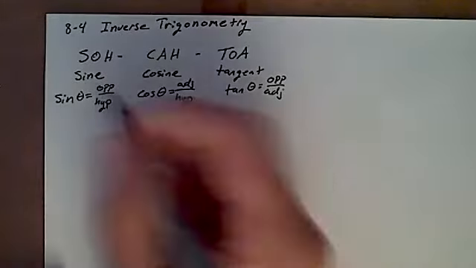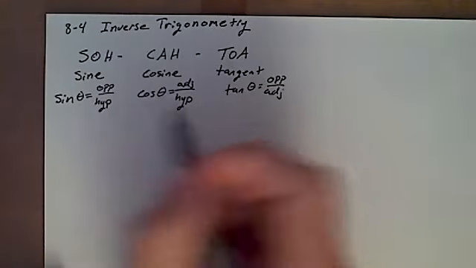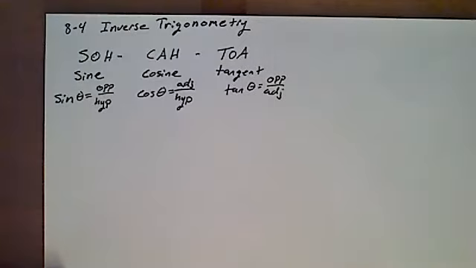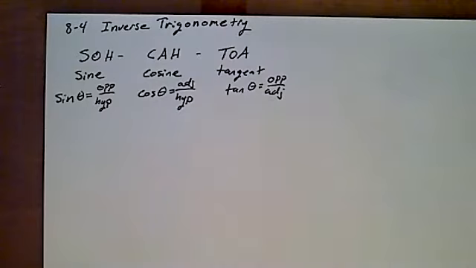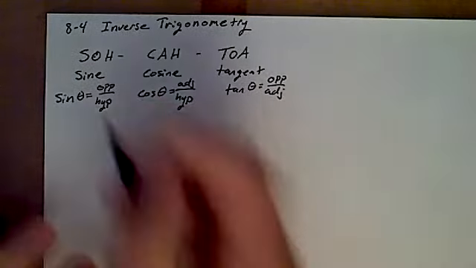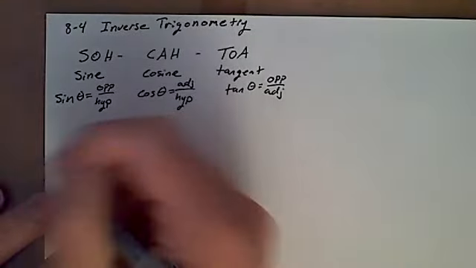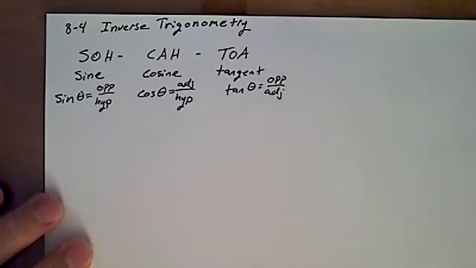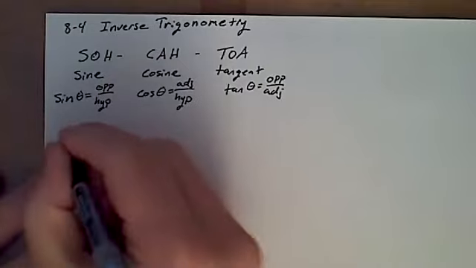Right? So again, this is the sine of some angle is the opposite over the hypotenuse. So a few that we've looked at already, and we should kind of know. I don't expect you to have them memorized, but you should know them relatively well.